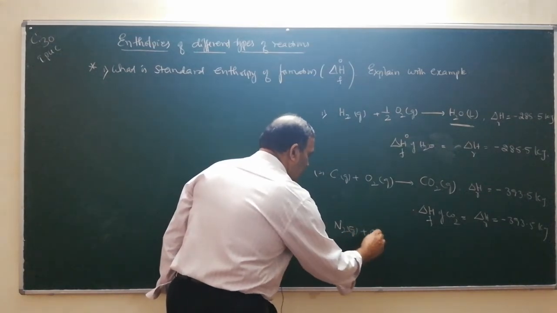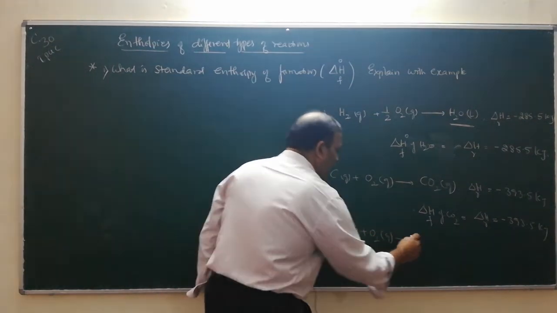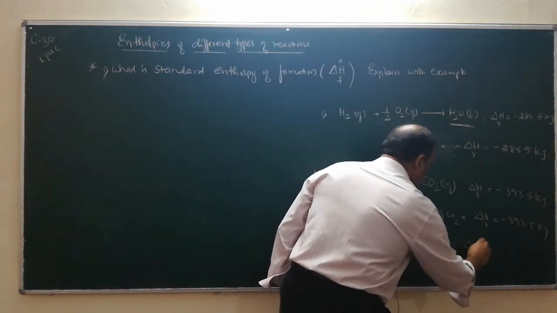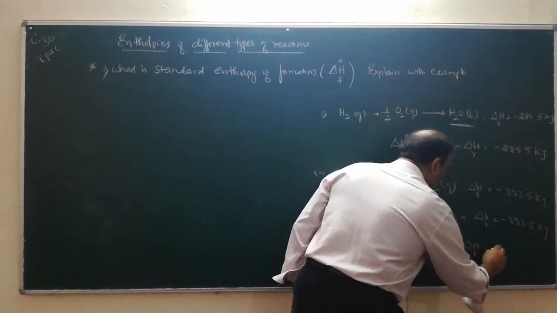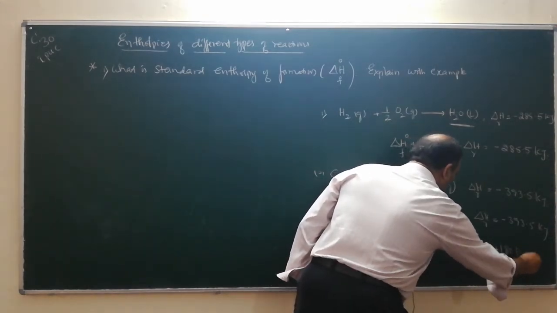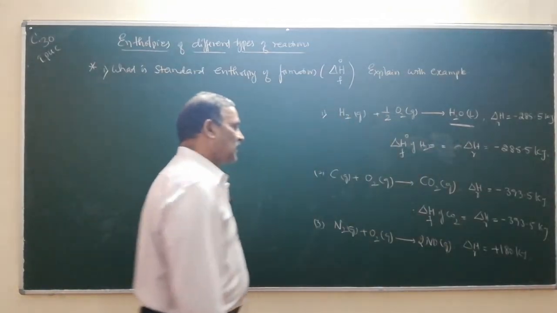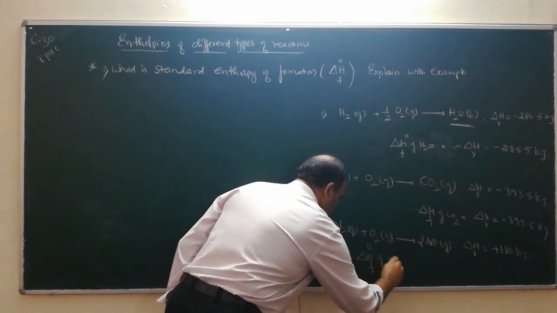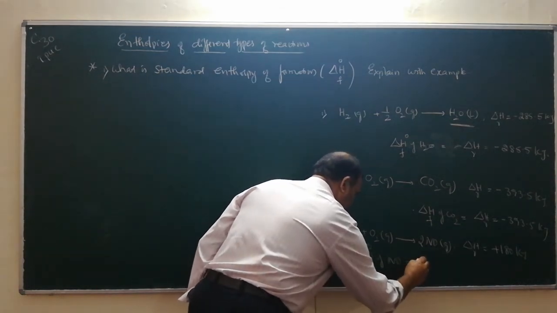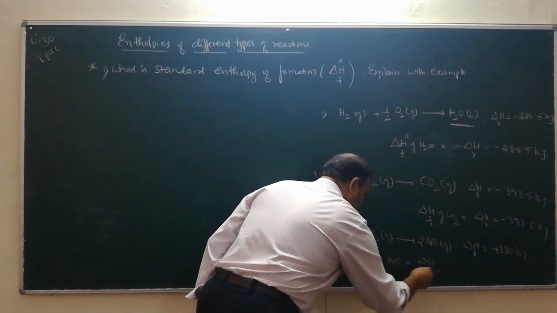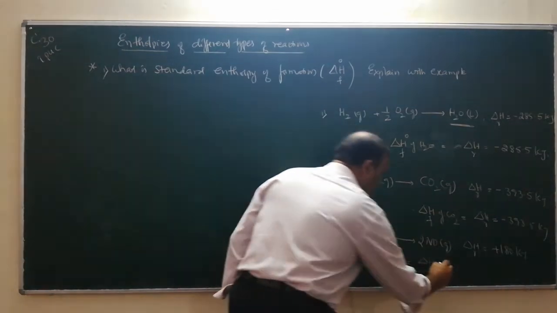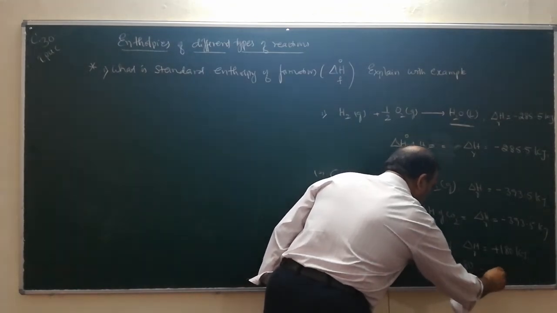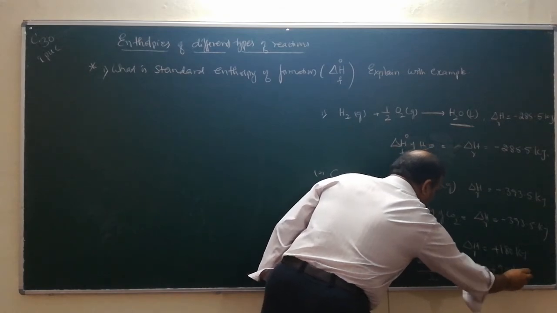I will give you another example. N2(g) plus O2(g) gives 2NO(g). The delta HR of this reaction equals plus 180 kilojoules. The enthalpy of formation of nitric oxide equals the enthalpy of this reaction divided by 2, that is plus 180 divided by 2, equal to plus 90 kilojoules.